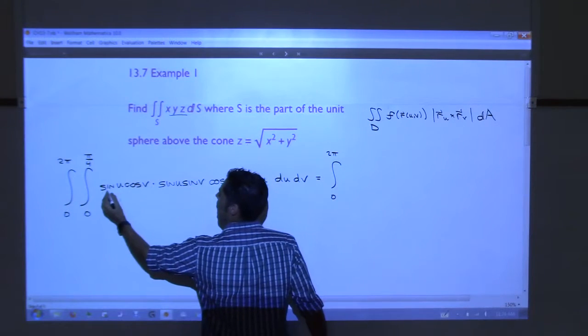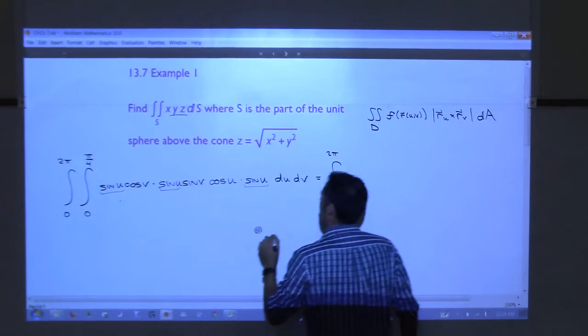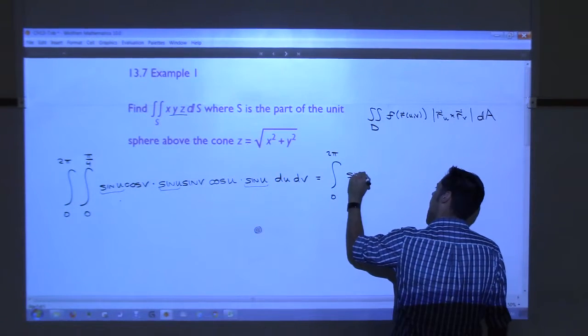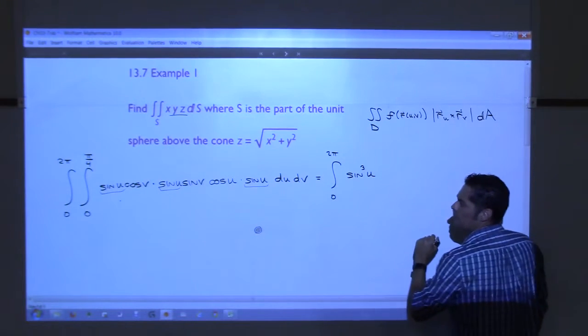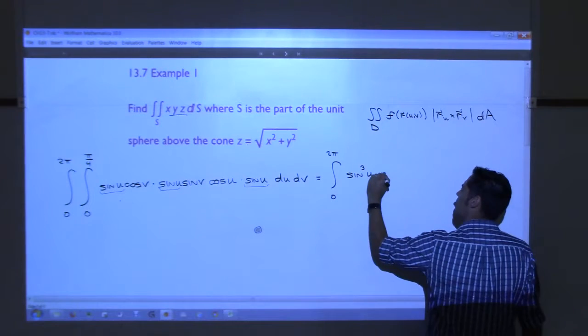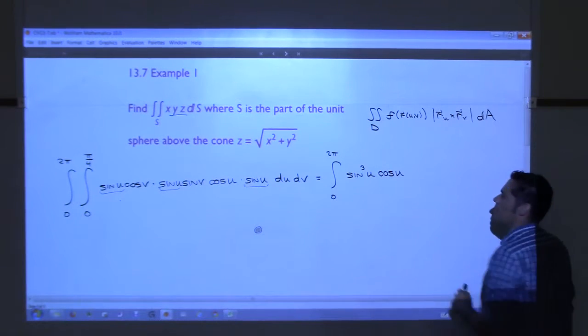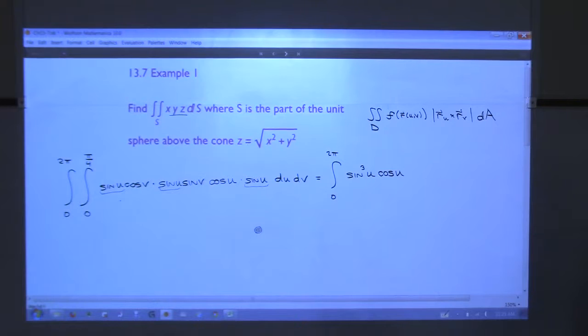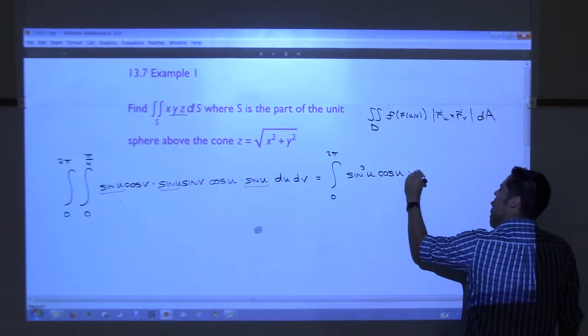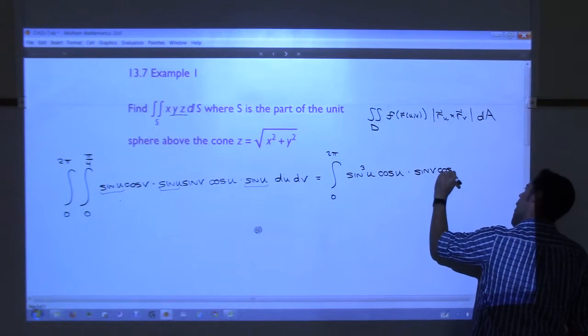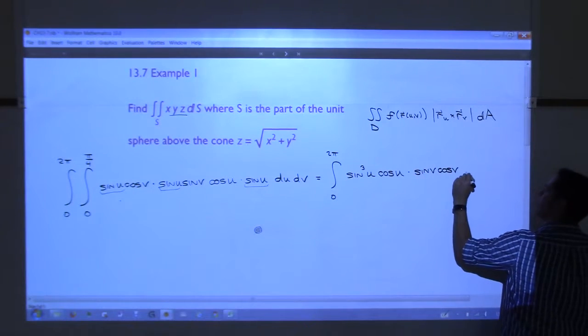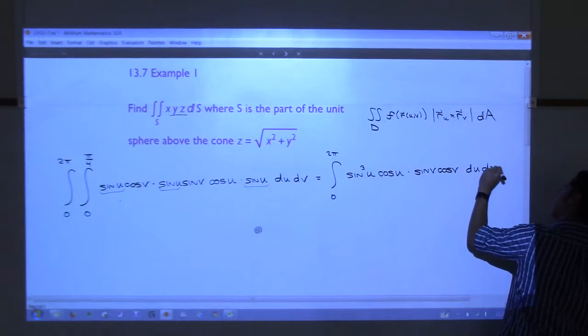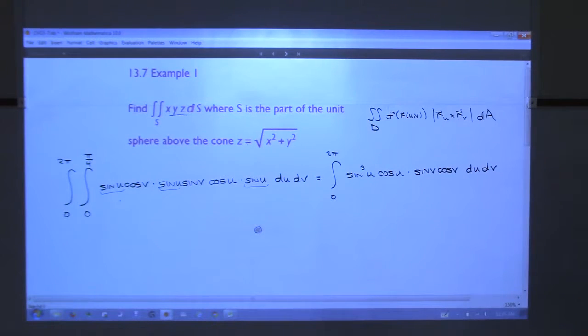Here, I've got a sine cubed u, don't I? And what about cosine? I have a cosine u, right, like that. And then in terms of v, I'll do sine v cosine v. And then I still have du dv. Did I miss anything, or is that everything? Everything accounted for there? Is that okay?